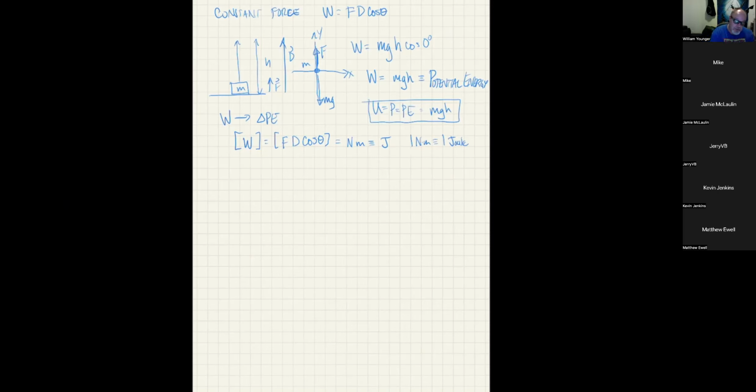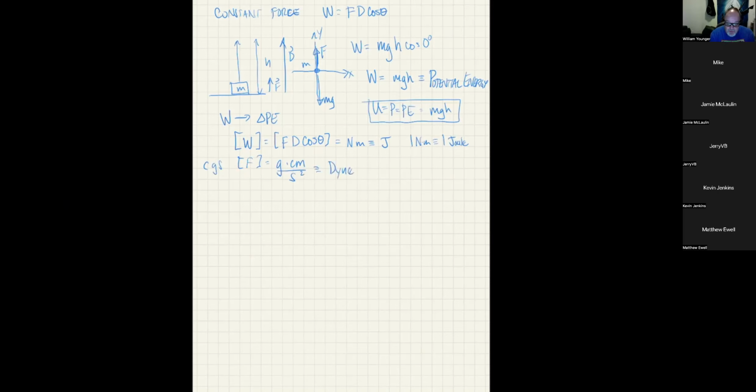But you might also remember in the CGS system, which is centimeter gram second, the unit of force was called the dyne, and it was grams times centimeters per second squared. Well, that was defined to be the dyne.